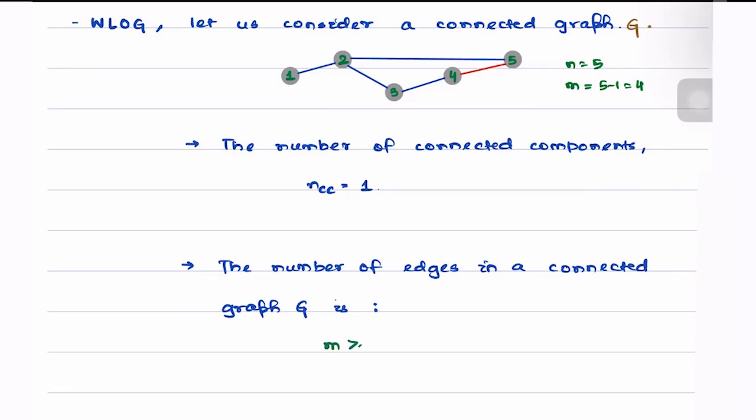M has to be greater than or equal to n minus 1. This is also something we can definitely say just because the graph is now connected. Okay, with this, let's move ahead with the proof.